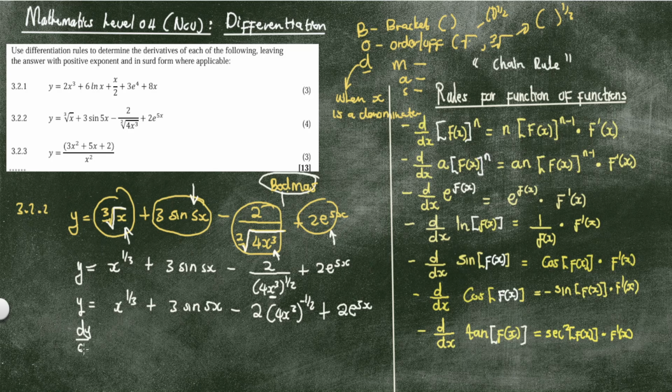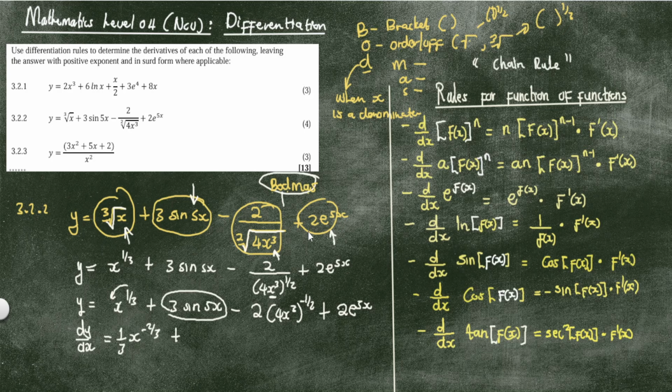So dy over dx is equal to, we multiply by 1 over 3 x raised to 1 over 3 minus 1, which is minus 2 over 3. Plus, what is the derivative of this?